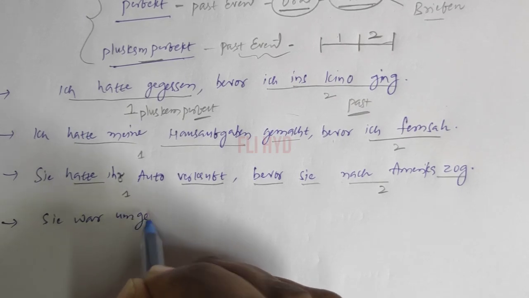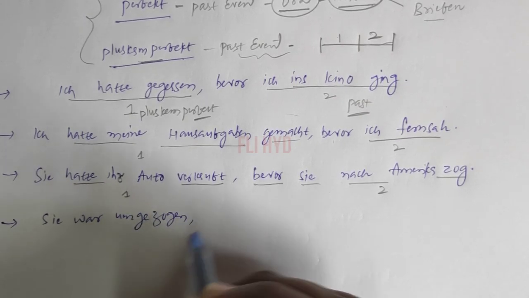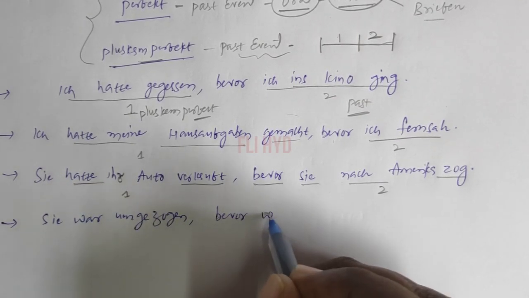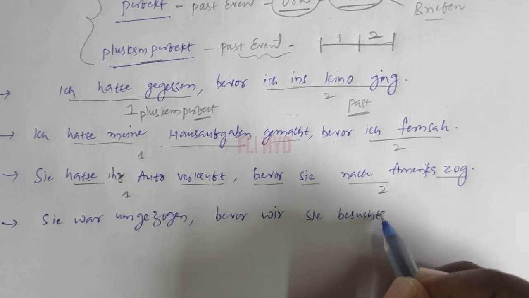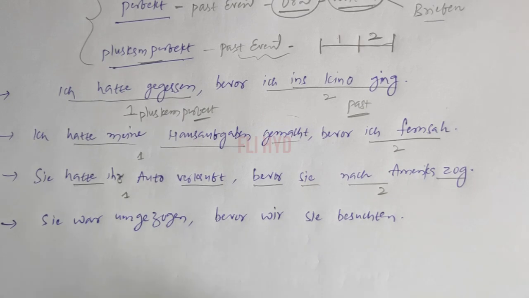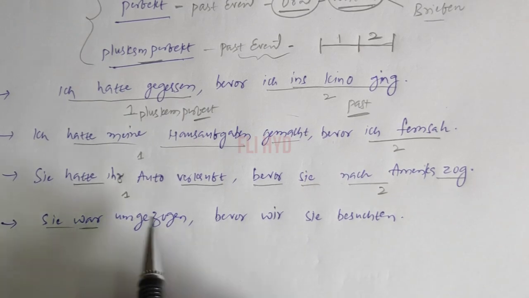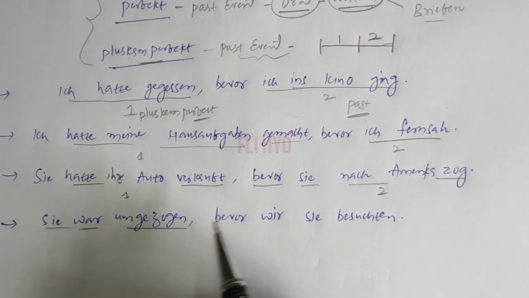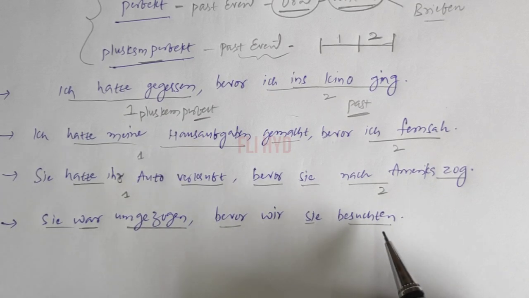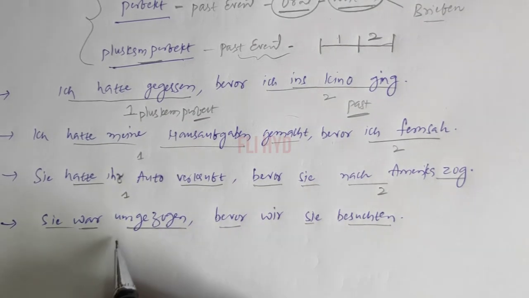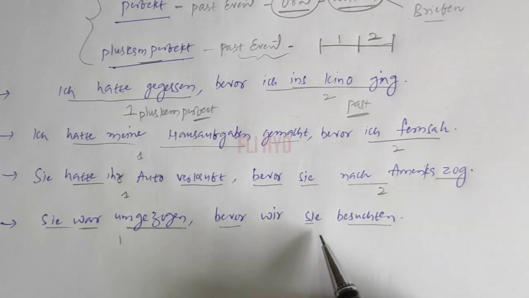Next one more: "Sie war umgezogen, bevor wir sie besuchten." So sie war umgezogen, she had shifted, she had moved, before wir sie besuchten, before we visited her. So one action is she had moved, and another action is we visited her.